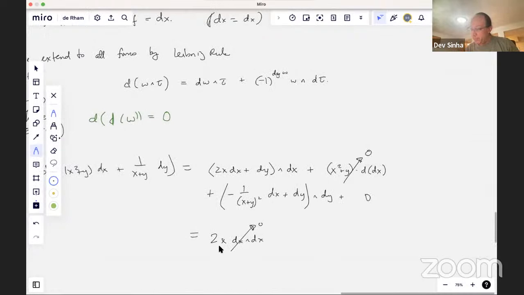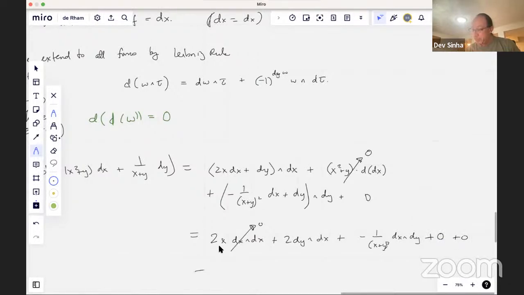And then I've got plus 2 dy wedge dx. And then I've got the term below, I've got minus 1 over (x plus y) quantity squared dx wedge dy. And then I'm going to have a 0 term and another 0 term from above.